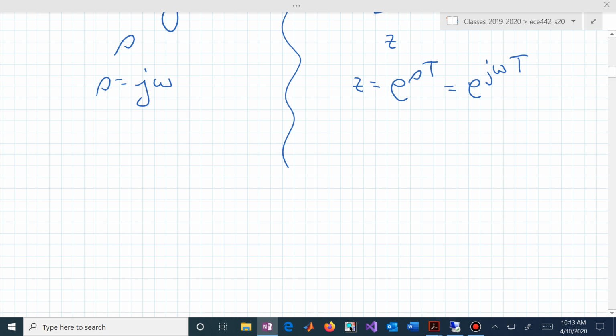Suppose that somebody said, I have an integral controller, and that's now this K over s. So this is now an integral control. And they want to create a discrete implementation of that.